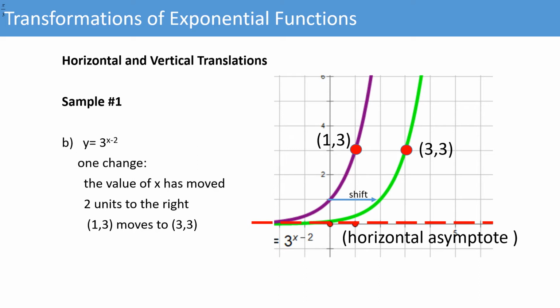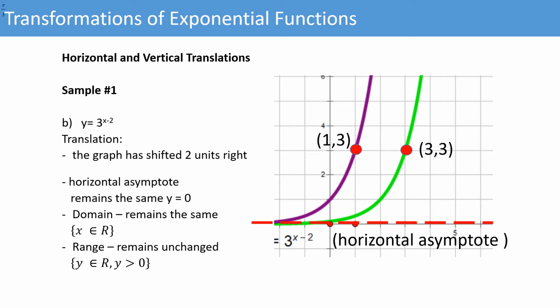You can also look at the point (0, 1), which was the y-intercept of the original graph, and it has now shifted over 2 units as well to become (2, 1). For the horizontal translation in sample number 2, we can see that the graph has shifted 2 units to the right.